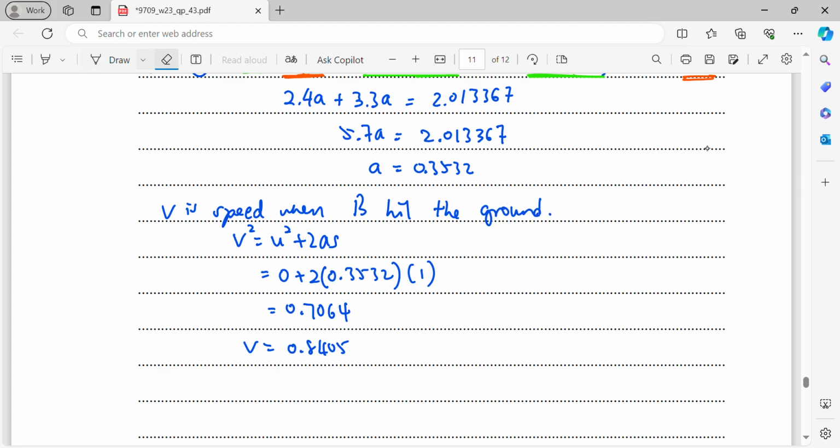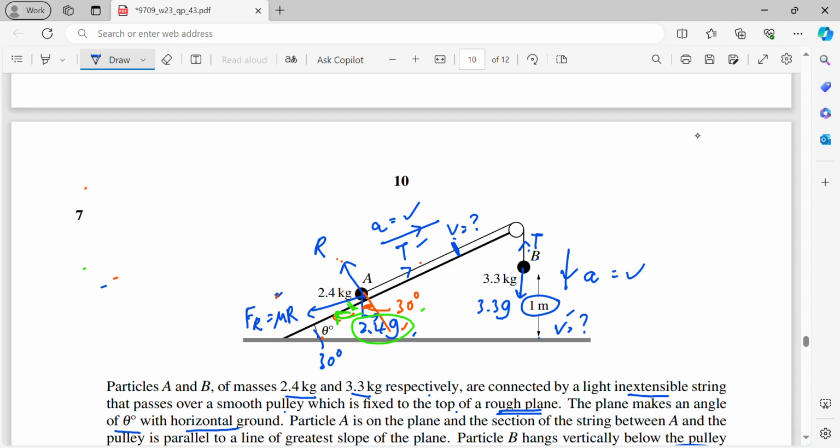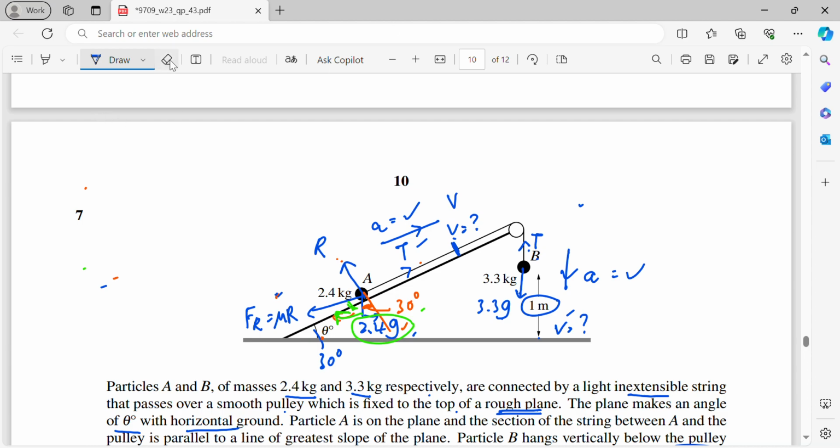Which means at this moment, your V is 0.8405. But the question says you need to find how much is the distance traveled by A when it comes to rest. So when at rest, V2 here will be 0. Now I need to find how much is this distance.